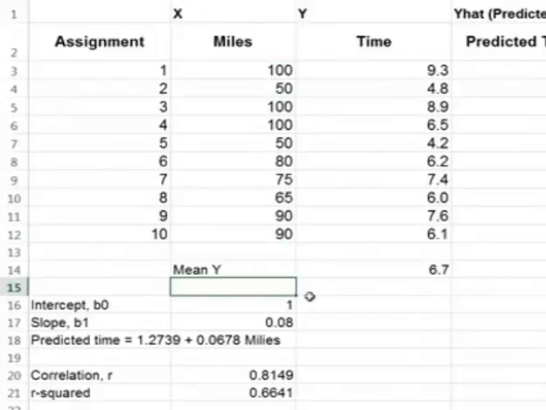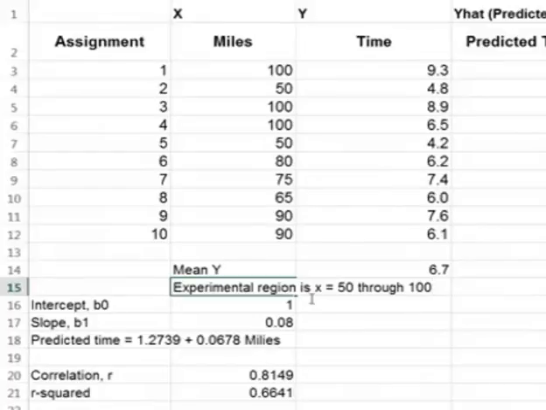So here the experimental region is x values from 50 through 100. Within this range, feel free to make predictions. Plug in any number between 50 and 100, stick it in here, and make the prediction, and that's fine.